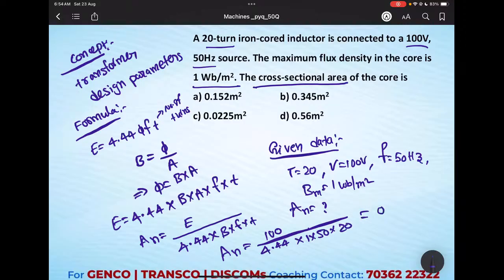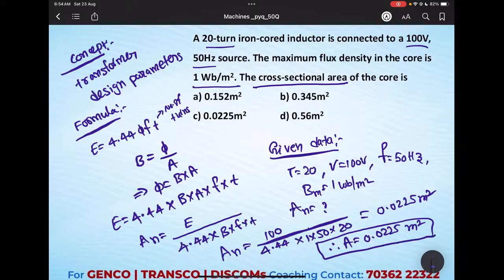After doing the calculation, we get 0.0225 meter square. So the area of cross section is 0.0225 meter square. So our option will be C. Is it clear?